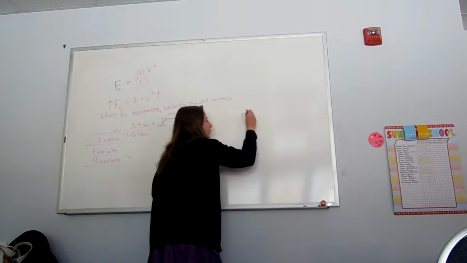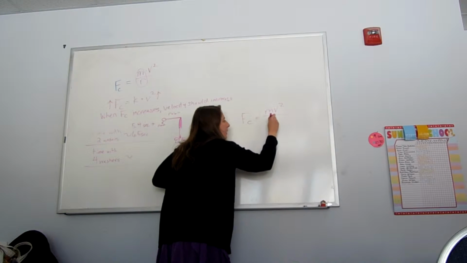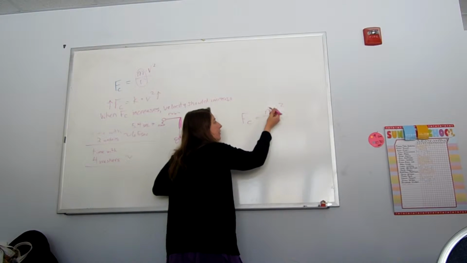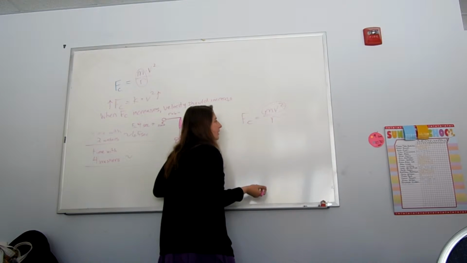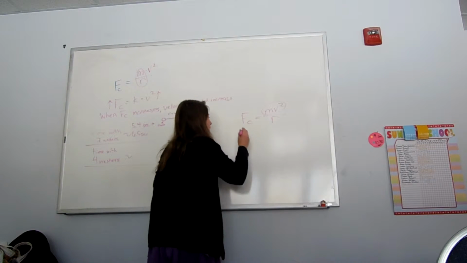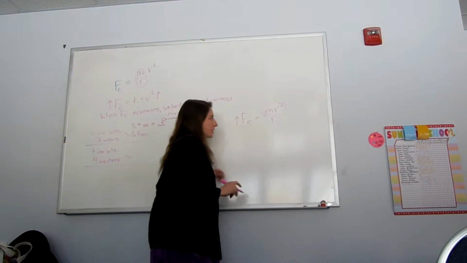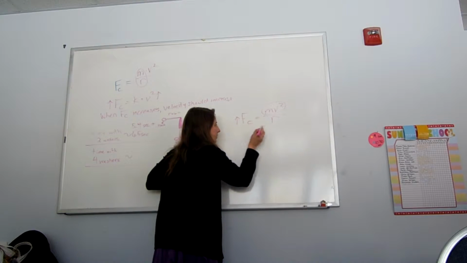Okay, so if we look at the equation again, same equation, right? So now we're going to keep mass constant and velocity constant, time in other words, right? So what has to happen to radius if force increases? The radius will have to be shorter.